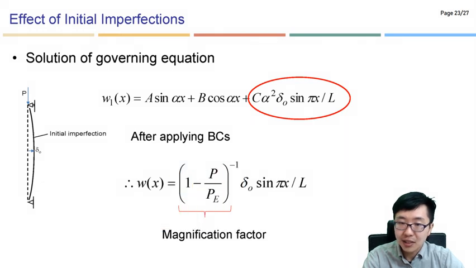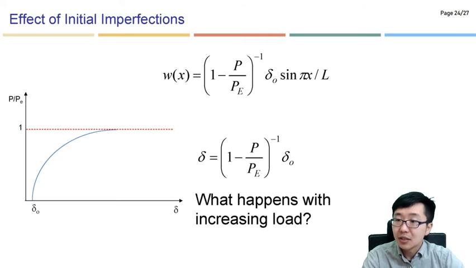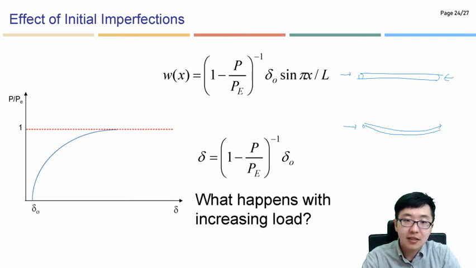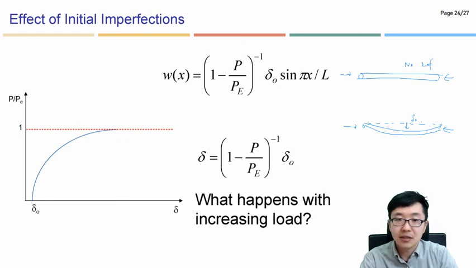Based on this amount of initial deflection or initial imperfection, the capacity can be reduced by this factor. Previously our column was like that, and now our column is slightly deflected, like this amount, but in the other case there is no deflection: a perfect column, ideal condition.